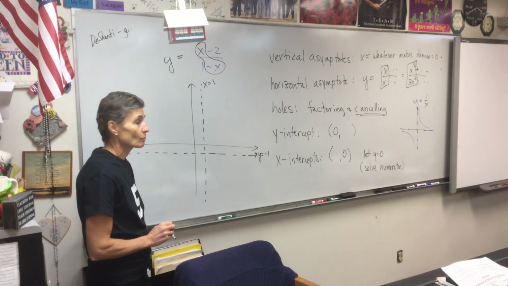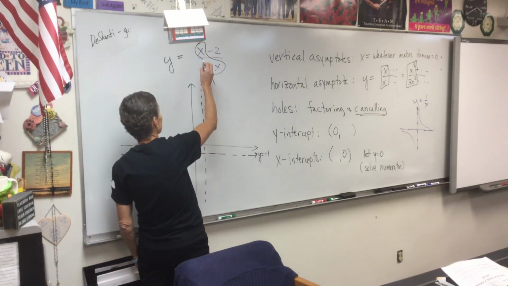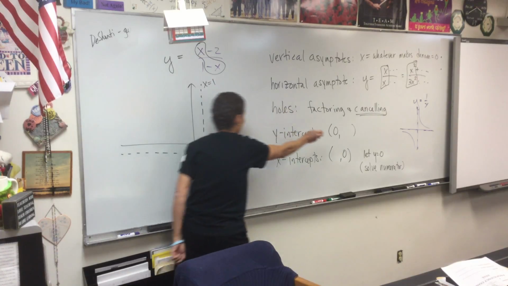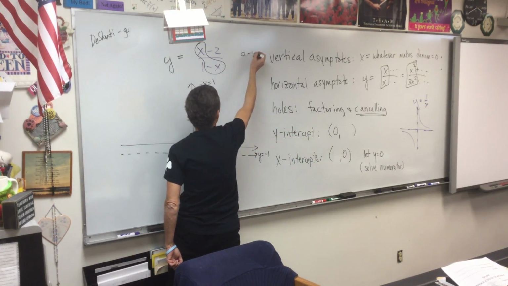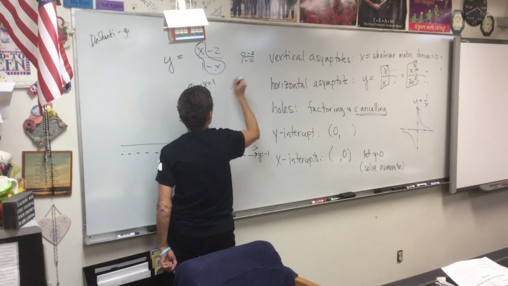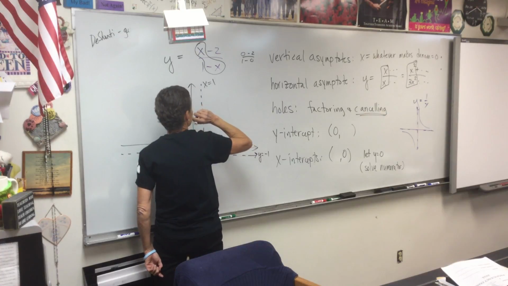The y-intercept is 0, -2. Now, how did she get that, people? She let x be 0. So she got 0 minus 2 over 1 minus 0. What does that equal? -2.